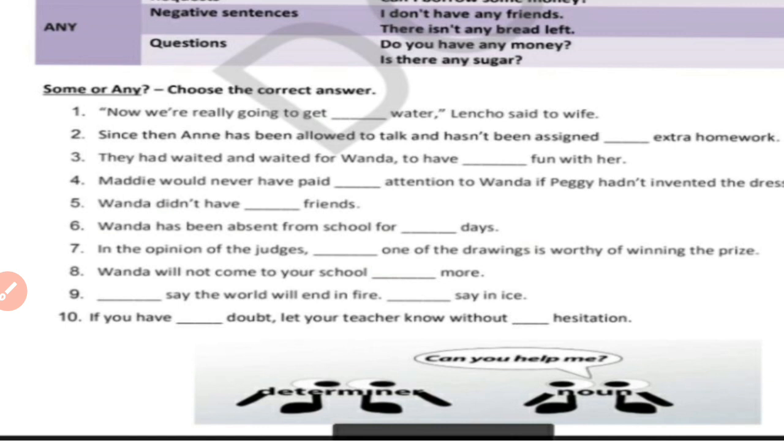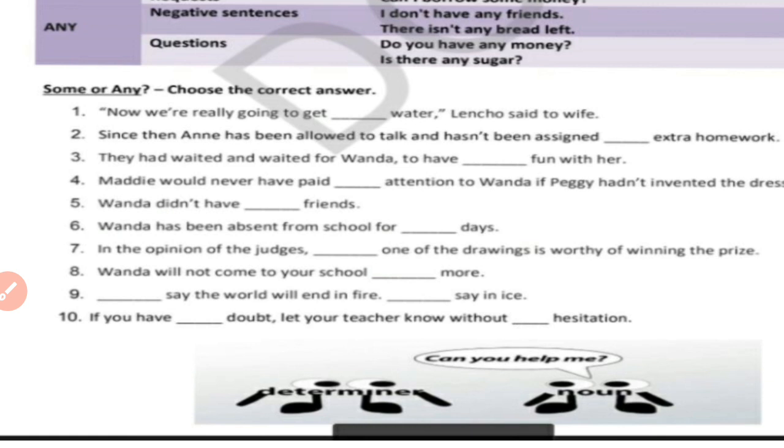The seventh one: in the opinion of the judges, any one of the drawings is worthy of winning the prize. Any one. The first use of any I explained before.